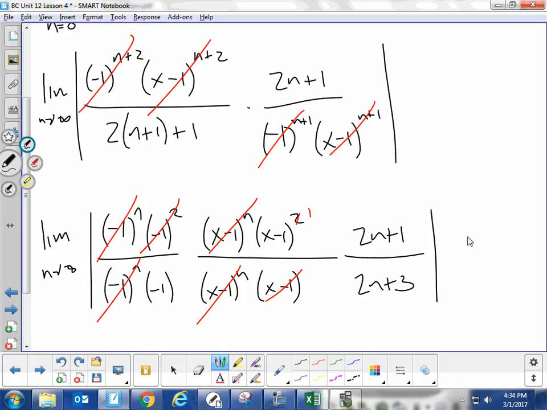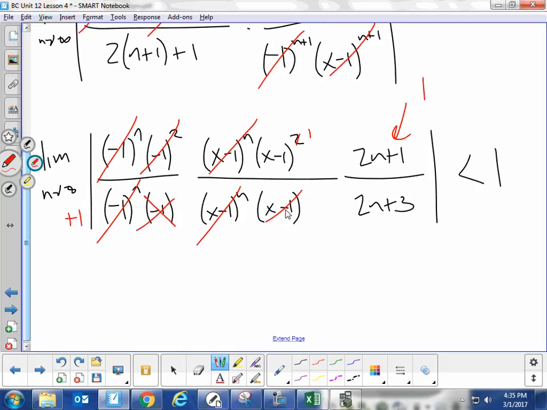So that has to be less than 1. We're finding the limit as n approaches infinity. I could pull out this -1, multiply, it becomes a +1. Divide by +1, nothing goes. This will trend towards 1, 2n over 2n. So I end up just having the absolute value of x minus 1 to the first is less than 1.